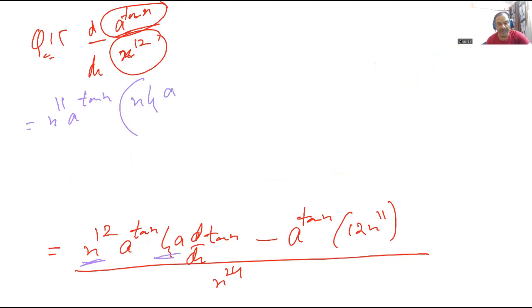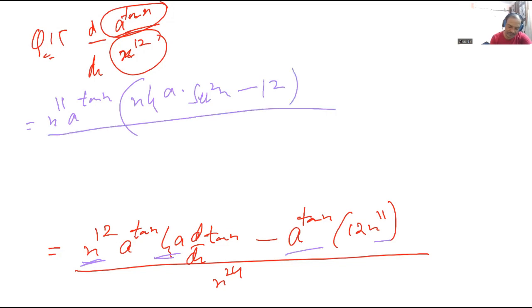And if I differentiate 10x, I will be having sec square x. Okay. Now there's a minus sign, and a power 10x, and x11 goes outside, they remain 12. In the denominator, I will be having x raised to power 24.